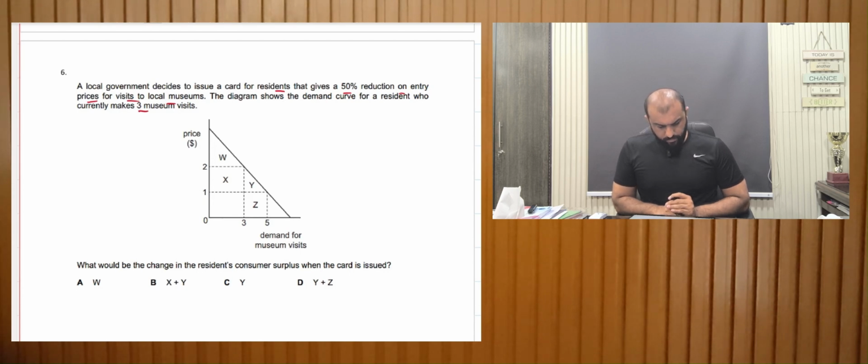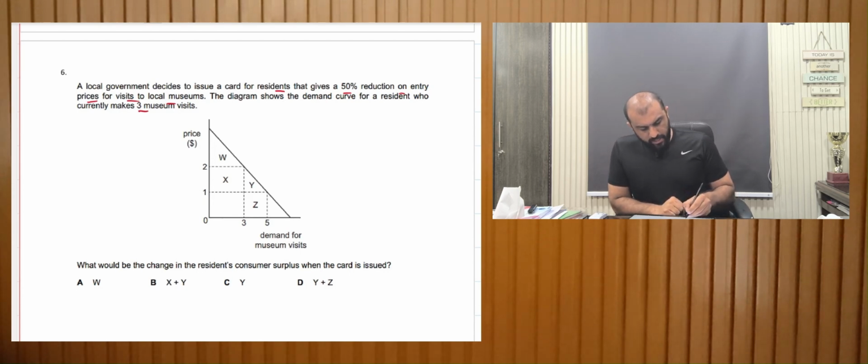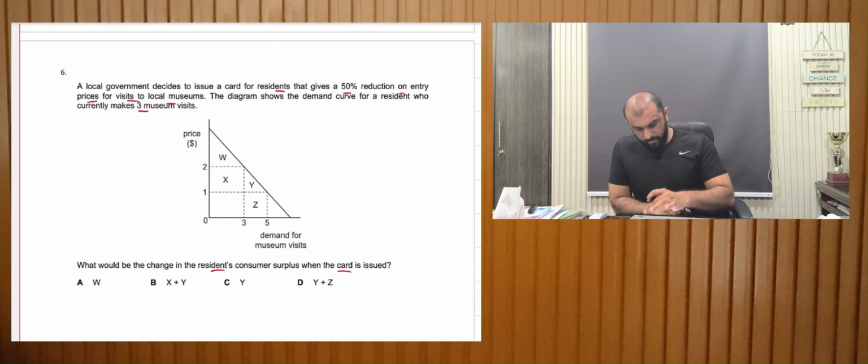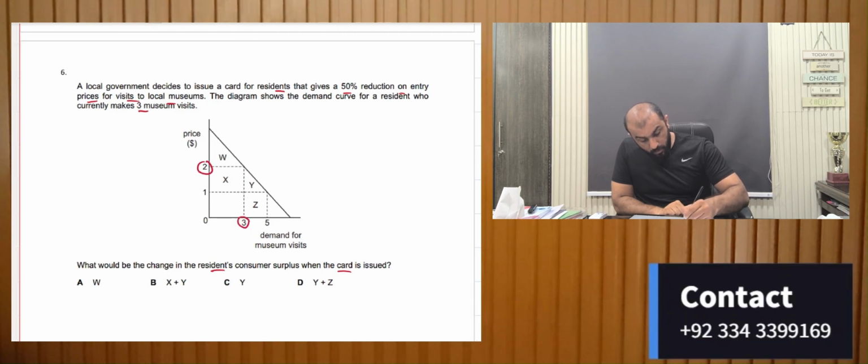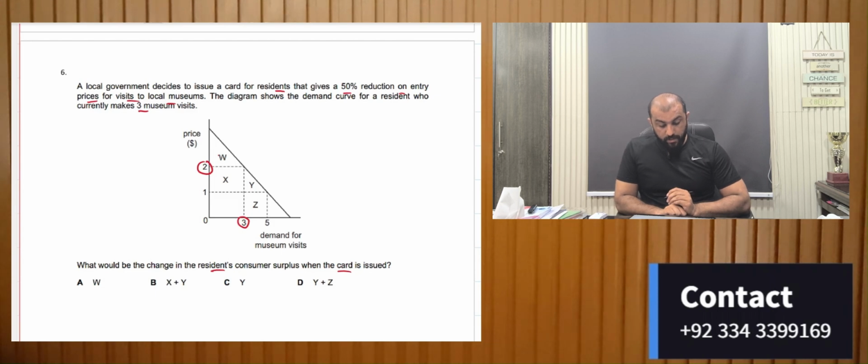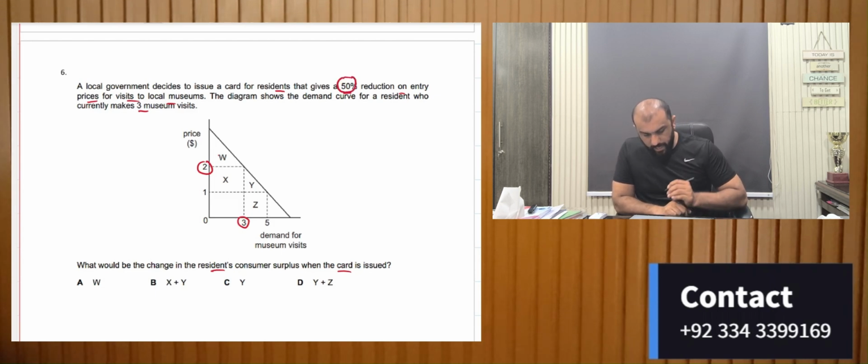Now, what would be the change in the resident's consumer surplus when the card is issued? Okay. Now, initially, he's making 2 visits, which means for 3, the price is 2, and the consumer surplus is W.